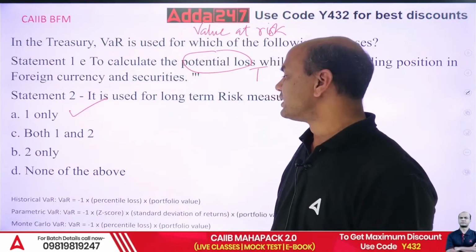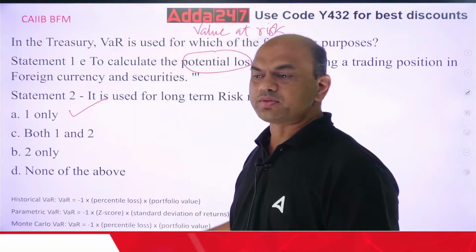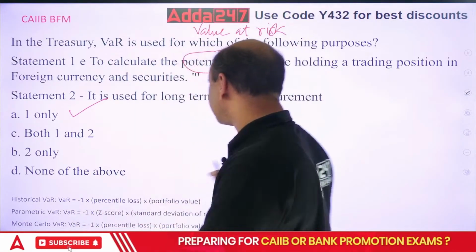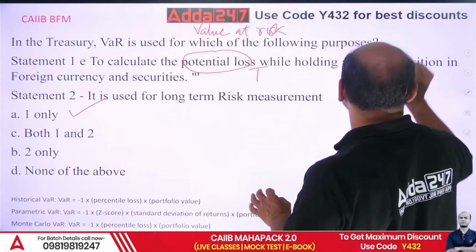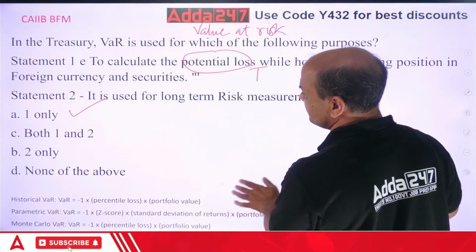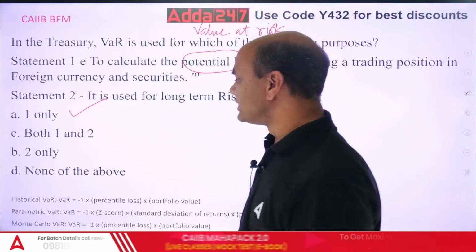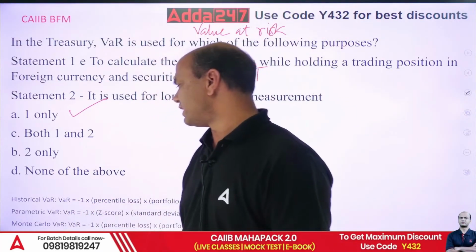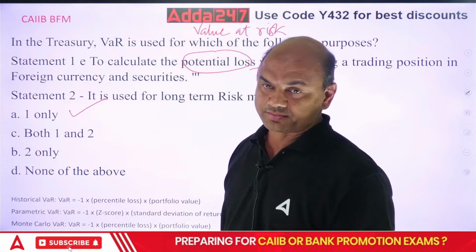See, VAR is of 3 types: historical VAR, parametric VAR, and Monte Carlo VAR. Kindly note.